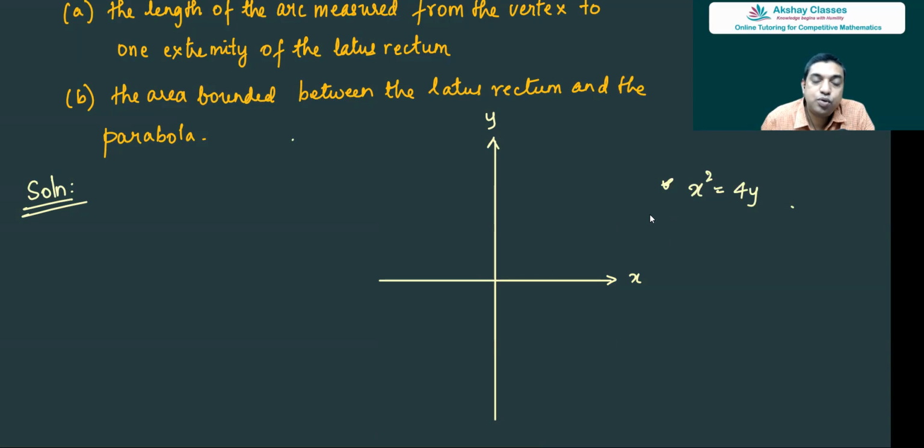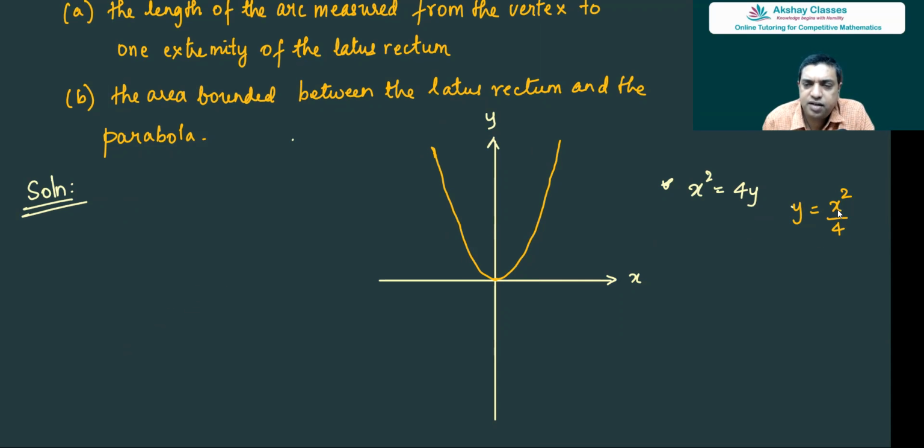So y is equal to x square upon 4. Of course I can use the grapher, but purposely I'm doing this by hand. Y equal to x square upon 4 will be a parabola. This will be like this.